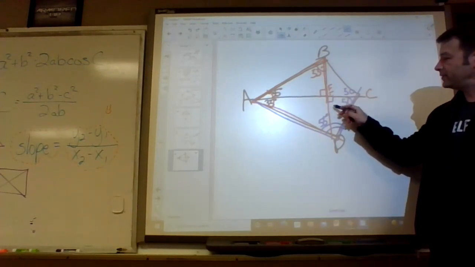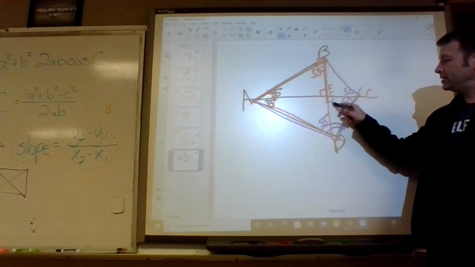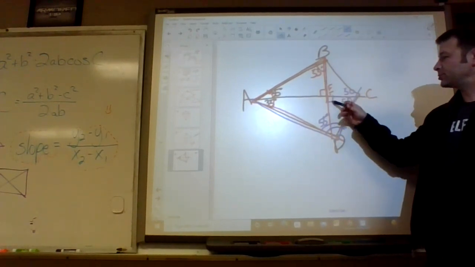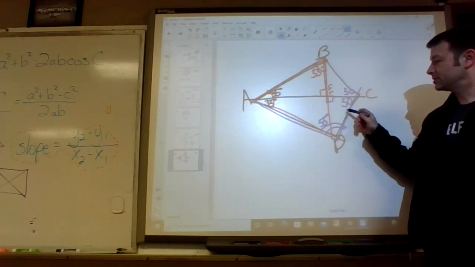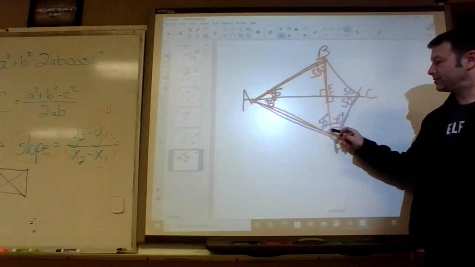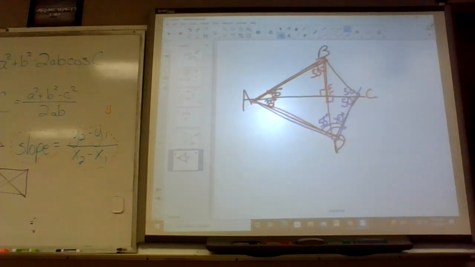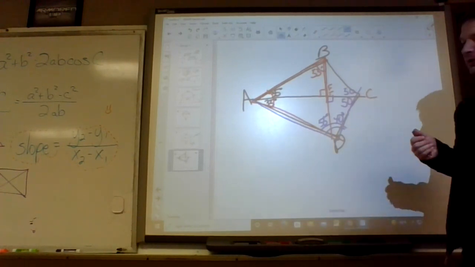And then 50 plus 90 is 140. 180 minus 140 is 40. So to find this big angle down here, I can just do 55 plus 40, which is 95.